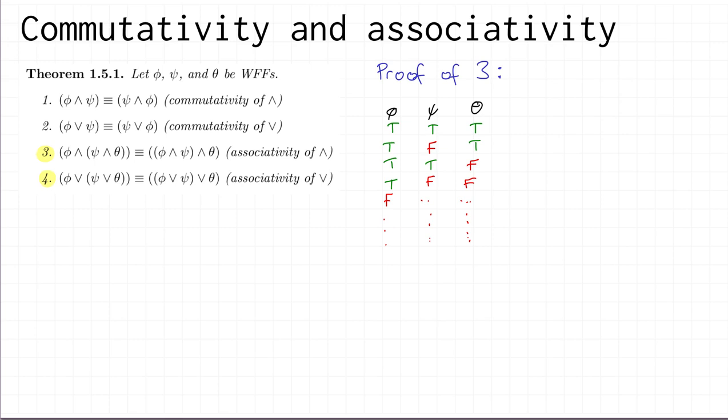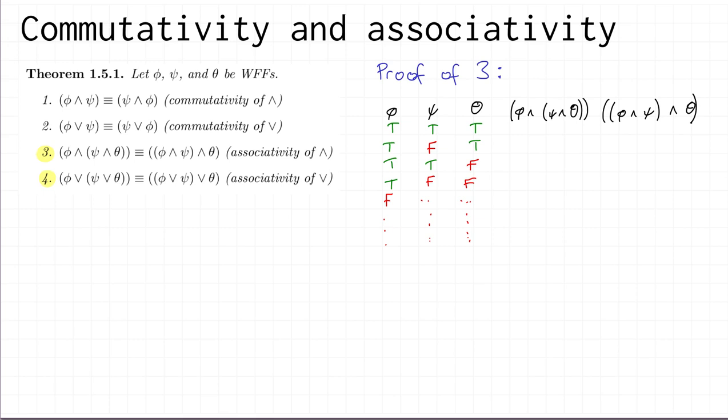So we have to think about all of the 8 different possibilities, and we're going to think in each of those 8 different possibilities, what are the truth values which the 2 well-formed formulas in part 3 will get. So the 2 well-formed formulas are phi and psi and theta, and phi and psi and theta. So let's work out just these first couple of rows.